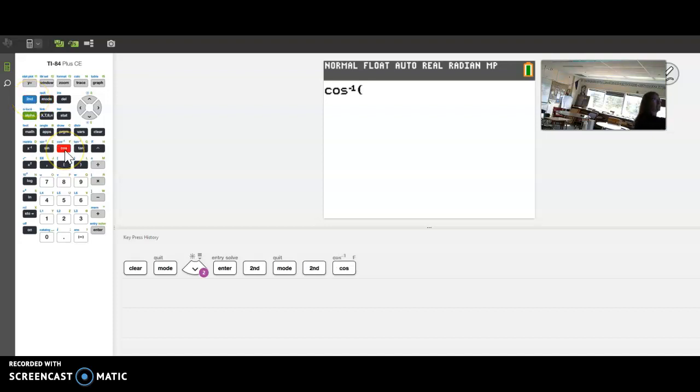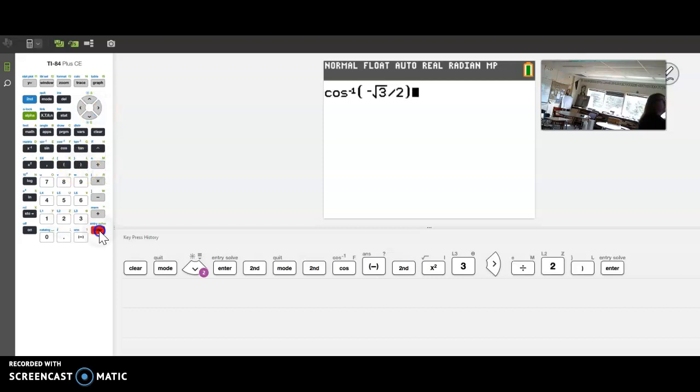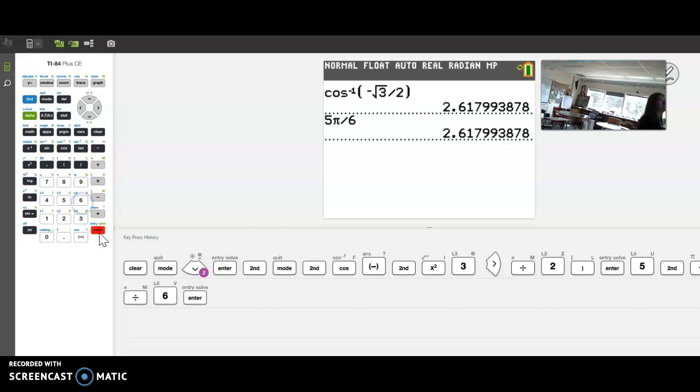So I hit second cosine, negative square root of 3 divided by 2, and I get 2.617, you can see the decimal there, which should be equivalent to the answer we got, which was 5 pi divided by 6, and it is. So that was just to show you that little piece.